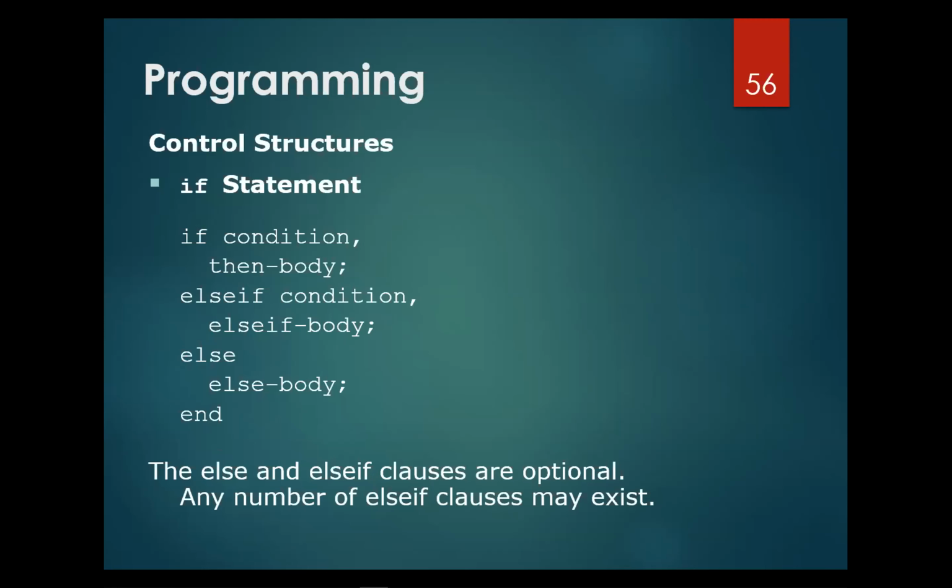Branching, decision-making or selection: they are the same, they refer to the same thing. After sequential, we have decision-making or branching or selection. That's another construct. And the third construct is looping. You can also call it repetition or iteration. So these are the three main constructs that we are going to deal with.